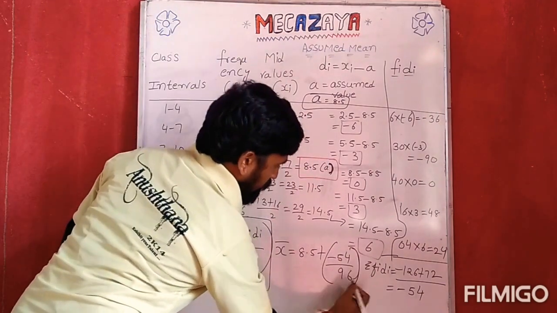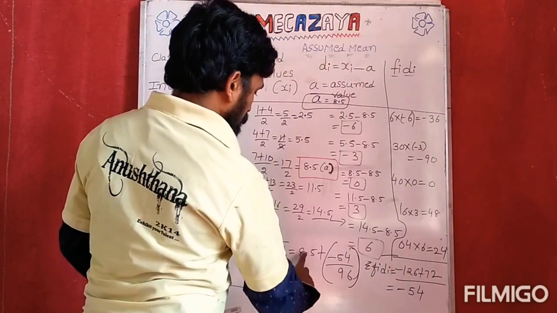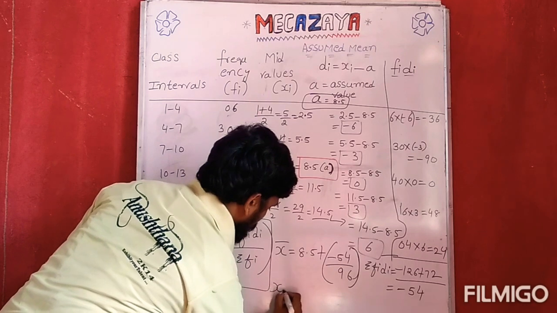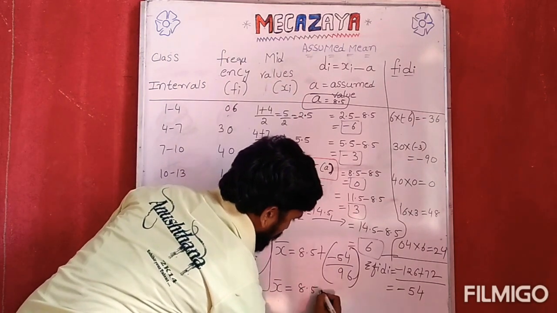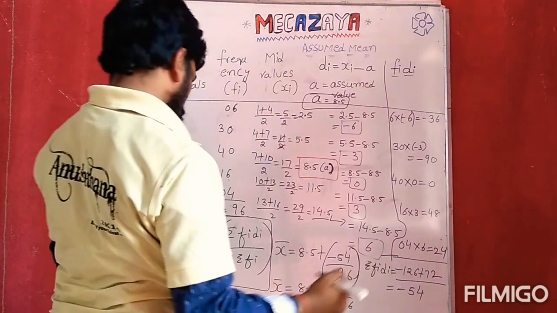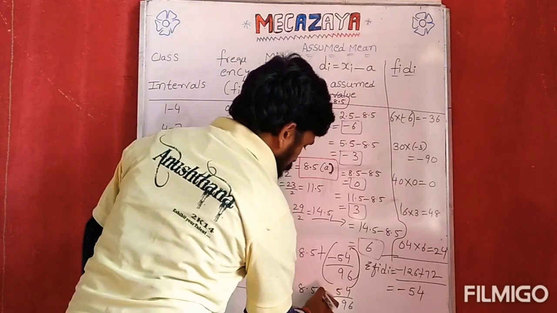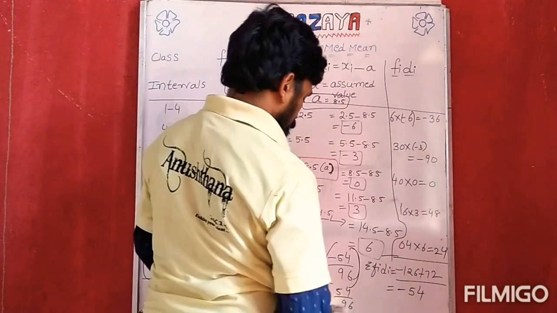First do this calculation, then add it to 8.5, and you will get the mean value: 8.5 plus minus 54 by 96.